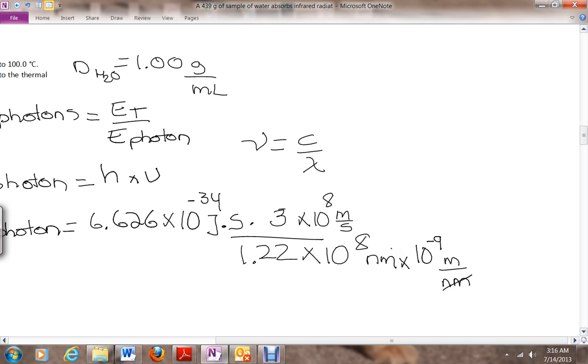So now we know nanometer, meter, second, and second. So I do this, cancel out. So this would be on top with a positive sign.